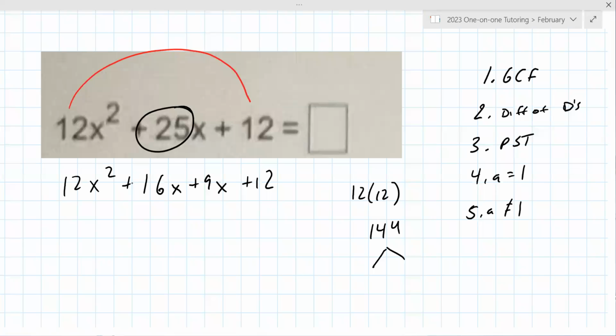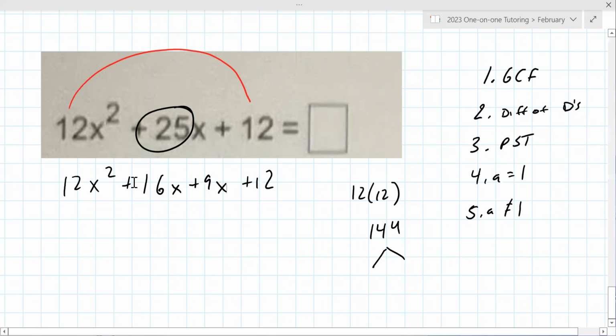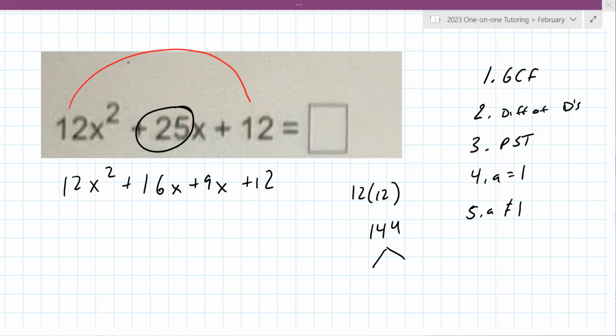And then do you remember what to do from here? I keep thinking, try to find the greatest common factor of the first two.